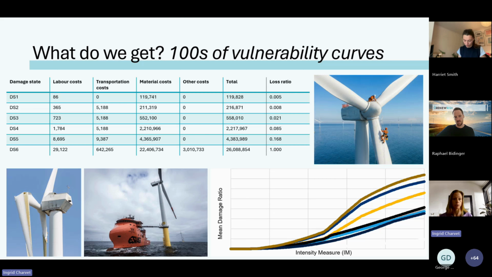Transportation costs are the ones that are going to obviously be very important as well because of the vessel costs. So we combine all of this information. We're going to have all of these costs for each of the damage states. We combine all of this information into a single curve using the damage probabilities obtained in the previous step, and we obtain our set of vulnerability curves.